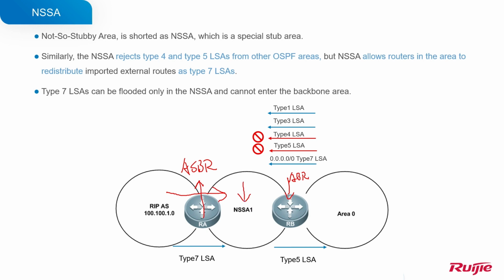And if the NSSA area wants to communicate with other areas and with the external network connected to other areas or the backbone area, we can use this default route to access. Okay. And the type 7 LSA information can flow only in the NSSA area, but cannot enter into the backbone area. Okay. So this is the NSSA area.